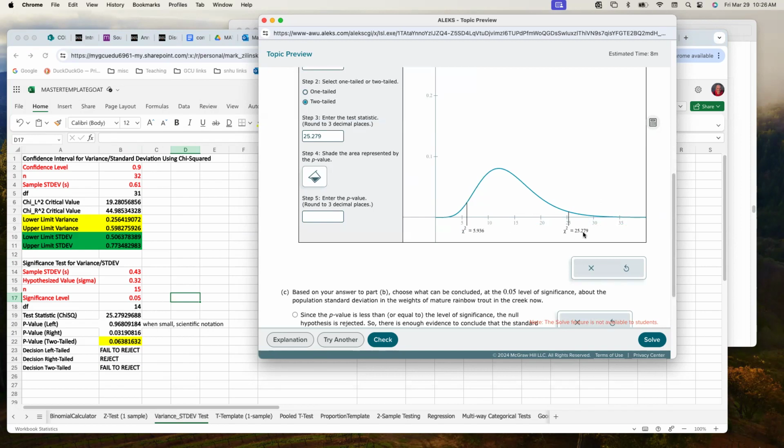In a practical sense, all we have to do is double this to get the p-value. If we were able to find that and just double it, we really don't need this additional value of chi-squared, because these two areas are equal. But anyway, we're going to type in this p-value for the two-tailed test, which is 0.064.